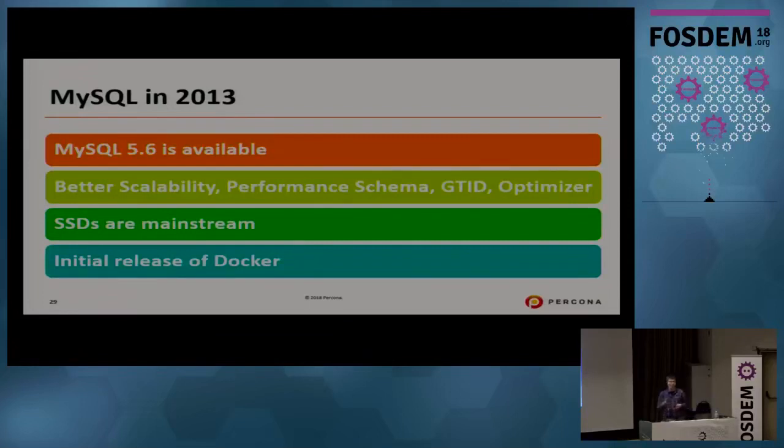For example, remember I mentioned that subqueries were introduced in MySQL 4.1, but many common subquery types couldn't really execute in a reasonable time. In MySQL 5.6, a lot of such optimizations were added. And that is also the year where the initial release of Docker happened, just for background.